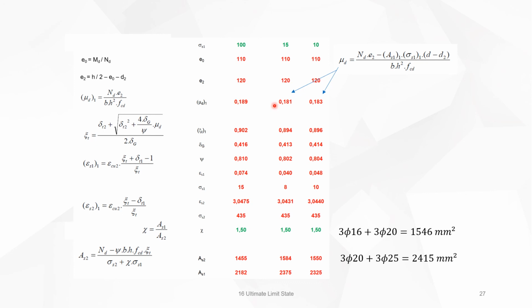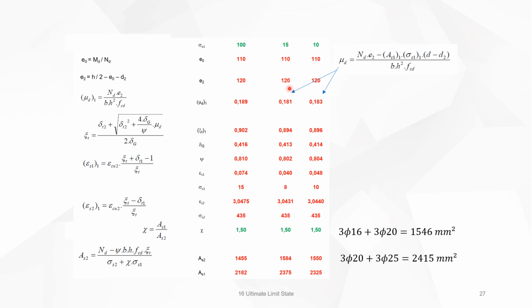Again, now it's 0.18. We are still in domain 2B, so it's fine. We do the calculation again. You see here that we use G equals 1.5 because the tension reinforcement was 1.5 times the compression reinforcement. And we have here 8.